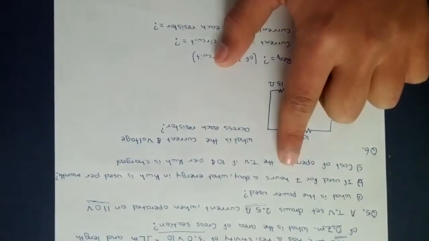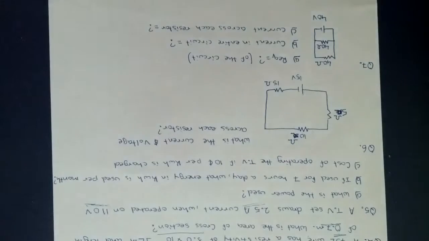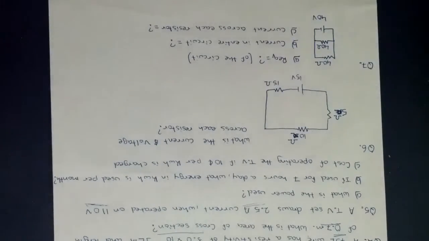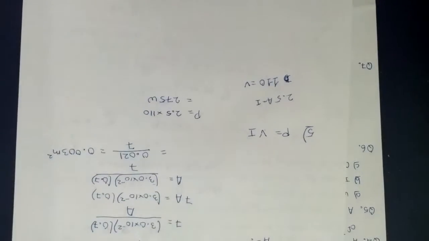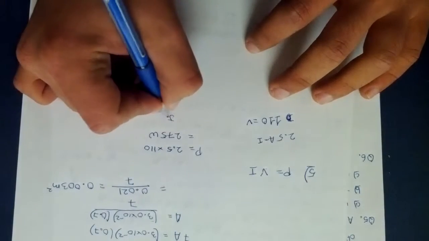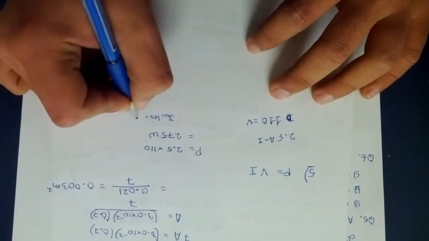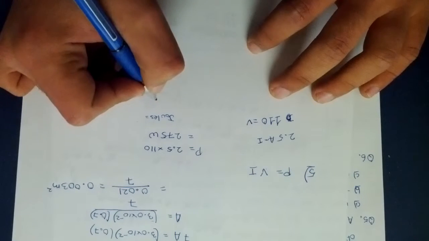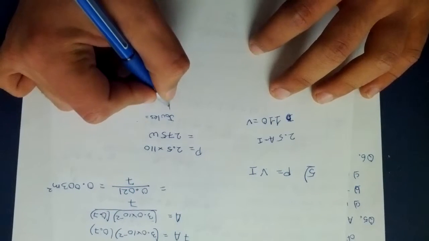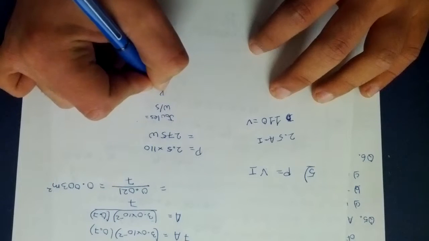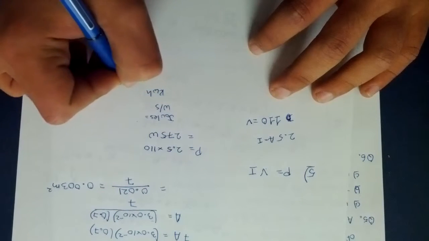Now, if we look, the second part, if used for 7 hours a day, what energy would be used? Like, what is the energy in kilowatts per hour used per month? Alright, so there's many parts to this, but basically, if you remember from the notes, joules equals basically watts per second, and we want to get to kilowatts per hour.